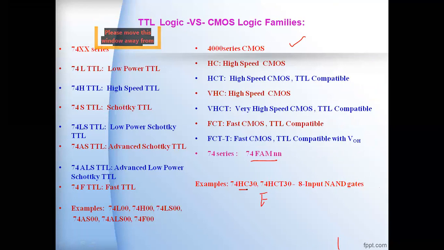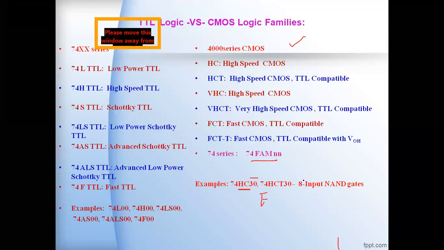The alphanumeric mnemonic represents the type of logic family, and the last two numbers, the mnemonic function designator, represent the type of gate, whether it is an AND, an OR, or other gates in that logic. So this is for the different logic families here.